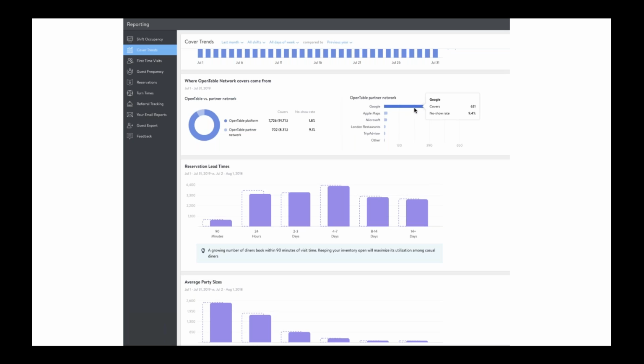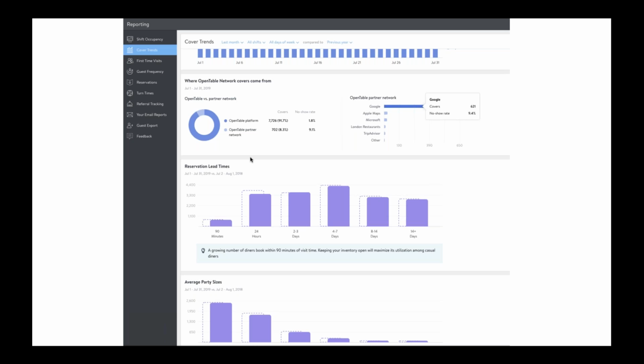Our Google partnership brings in the most out of those 10% of total network covers. You can see here it breaks down the number of covers brought in from each partnership, and also their no-show rate.